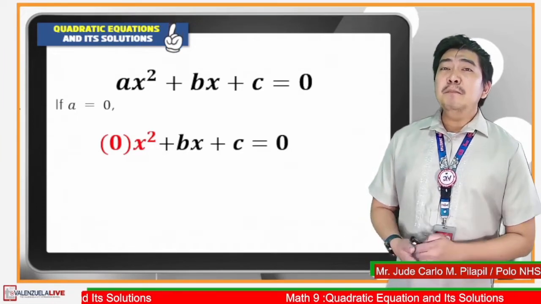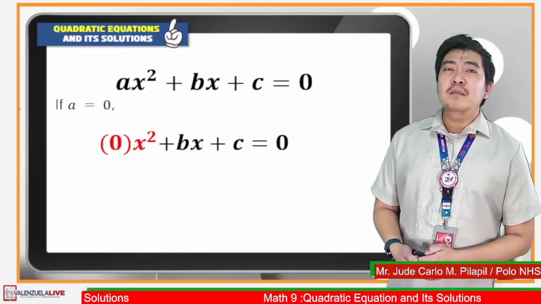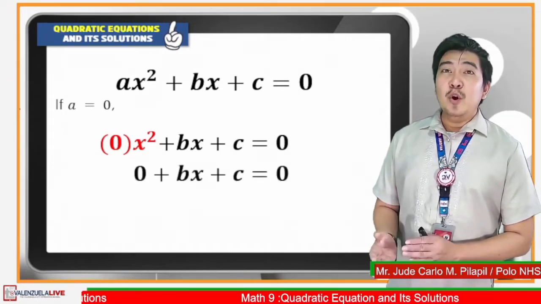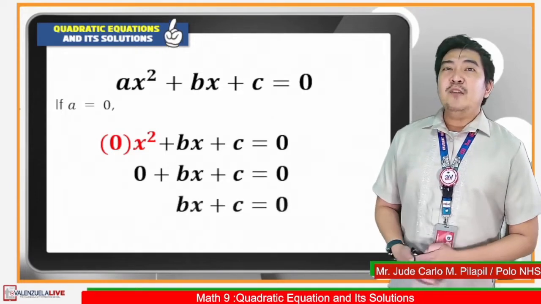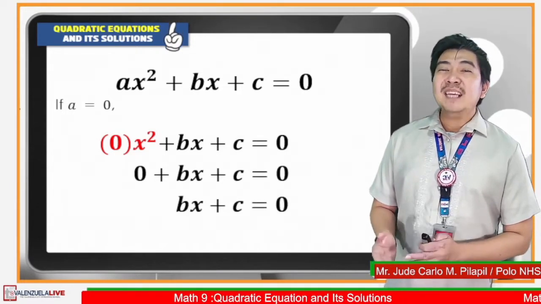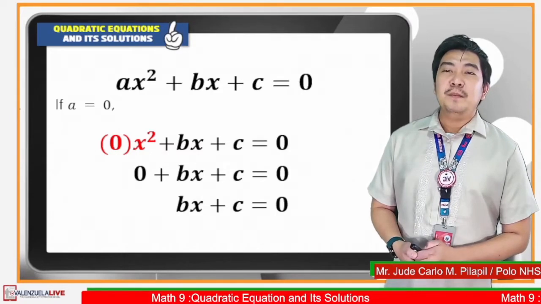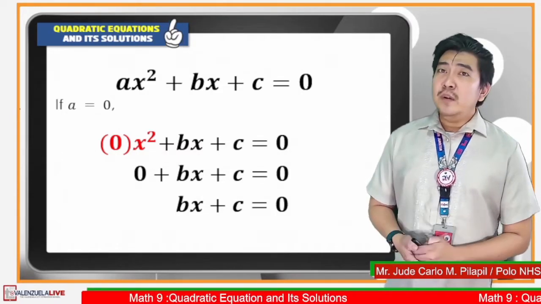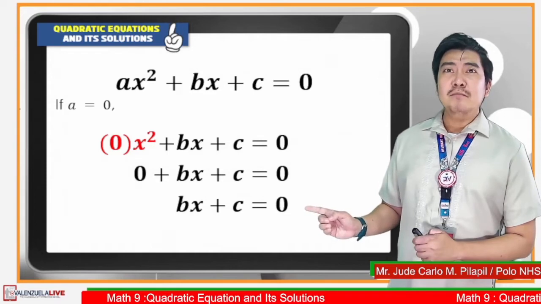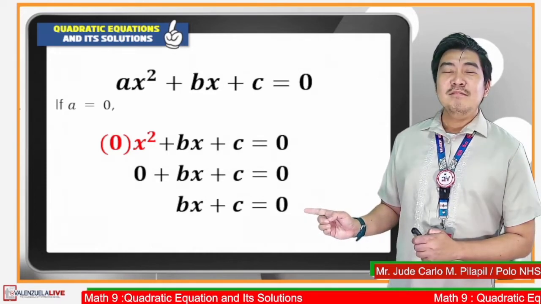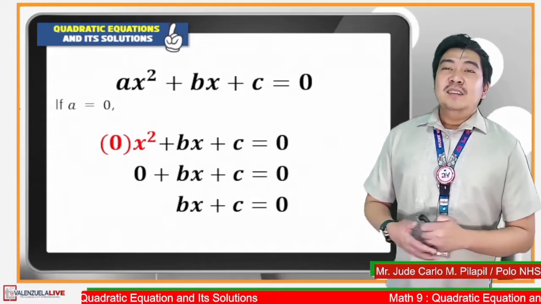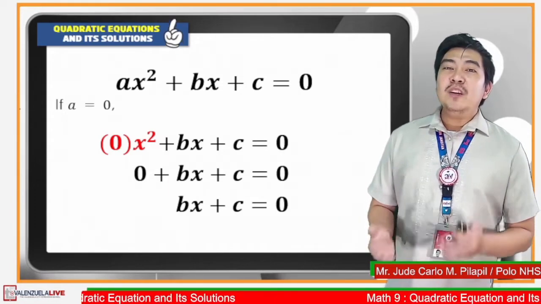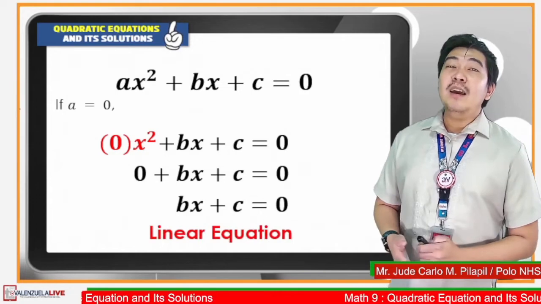If we simplify 0 times x squared, it will result to 0 plus bx plus c is equal to 0. Simplifying it further, the result will be bx plus c is equal to 0. What is the degree of this new equation? Very good. The degree is 1. Since the degree is 1, we call it a linear equation.